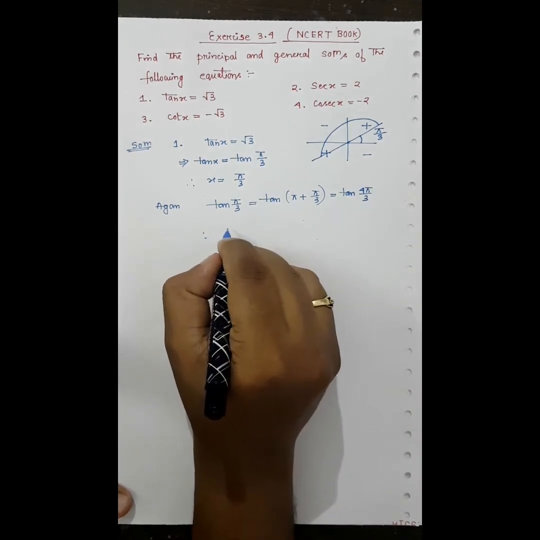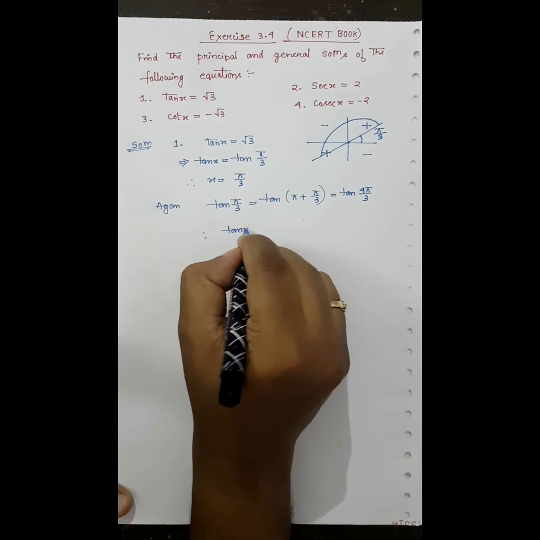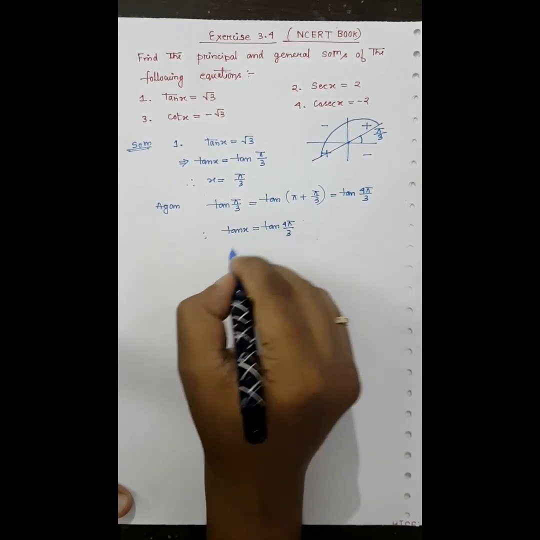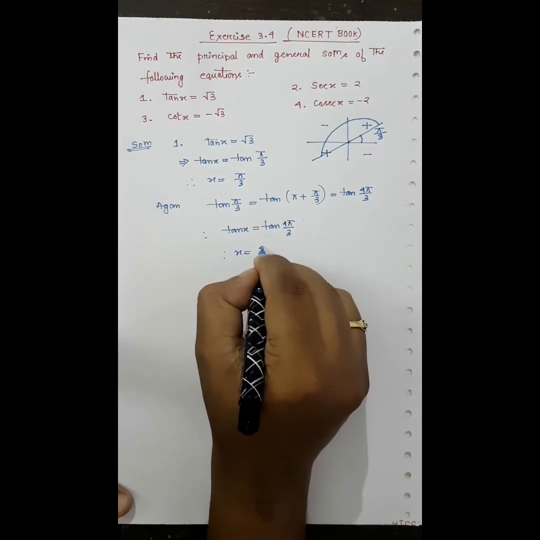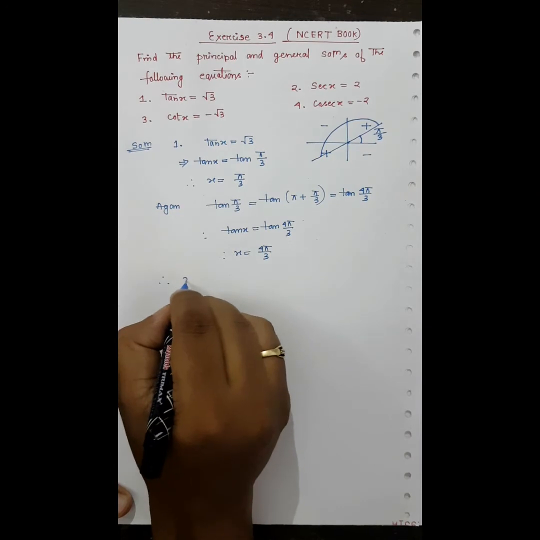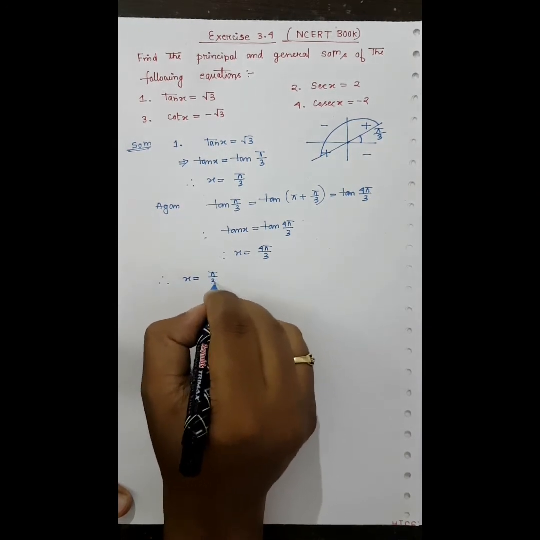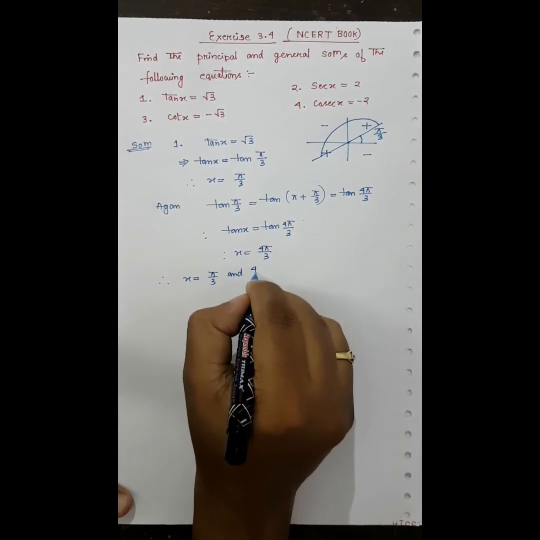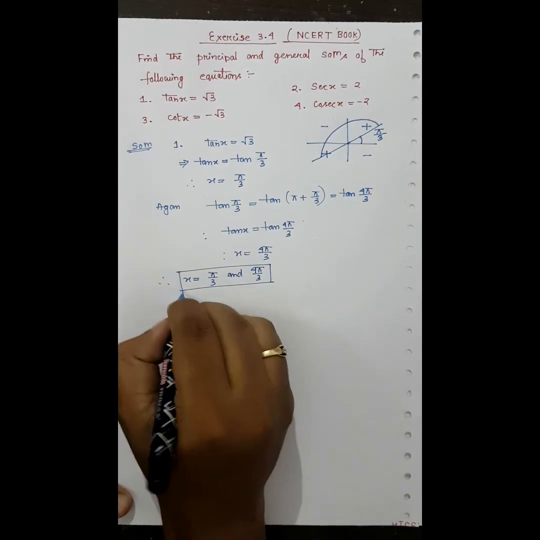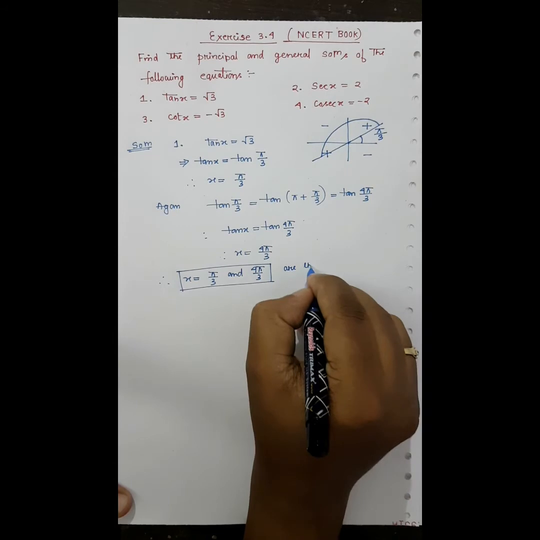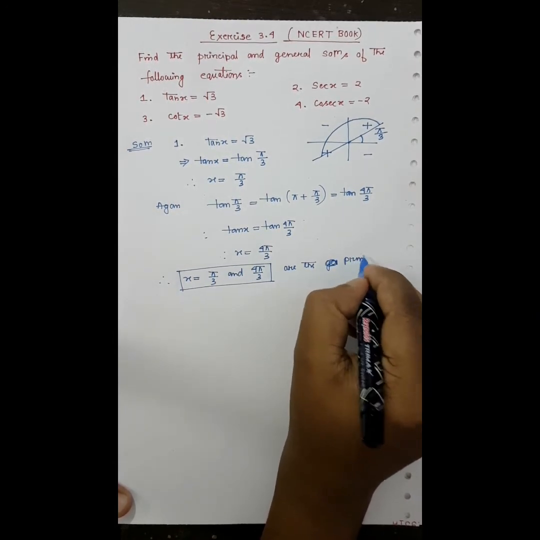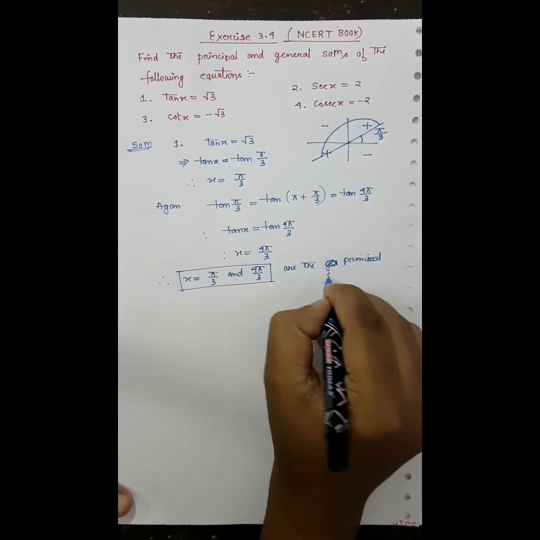Therefore tan x can be equal to tan 4 pi by 3. Hence x equal to 4 pi by 3 can be a solution. Therefore x equal to pi by 3 and x equal to 4 pi by 3 are the principal solutions.